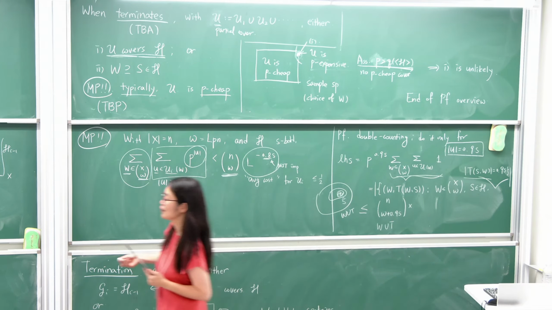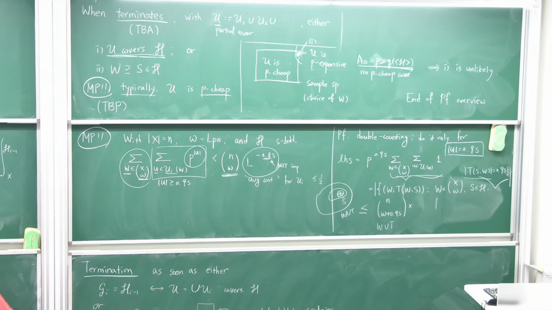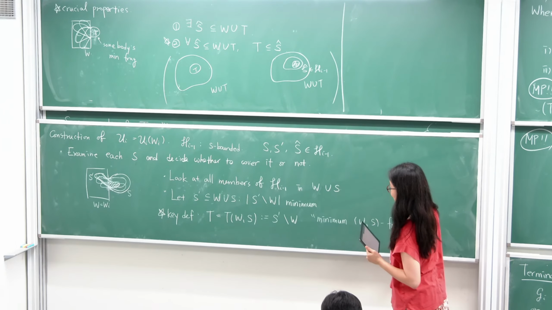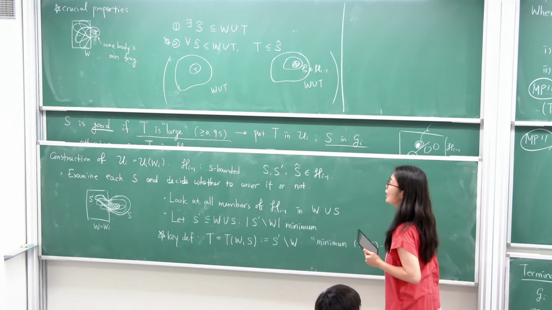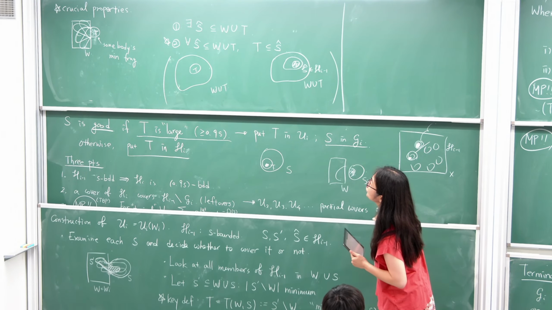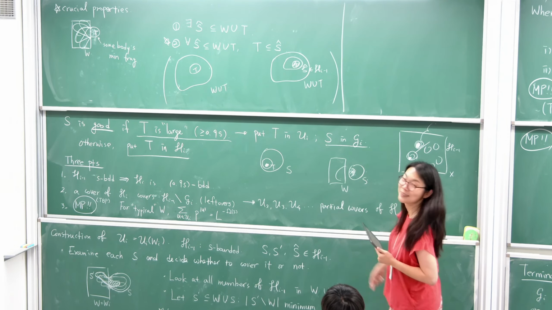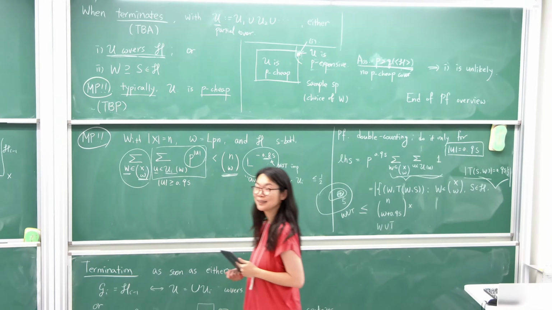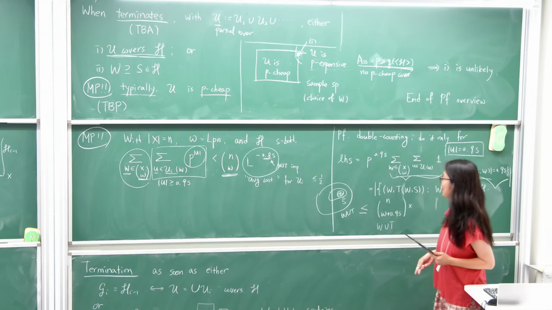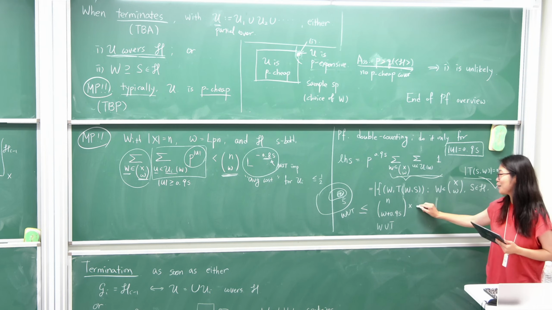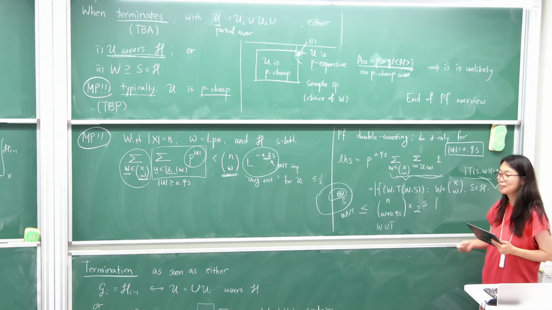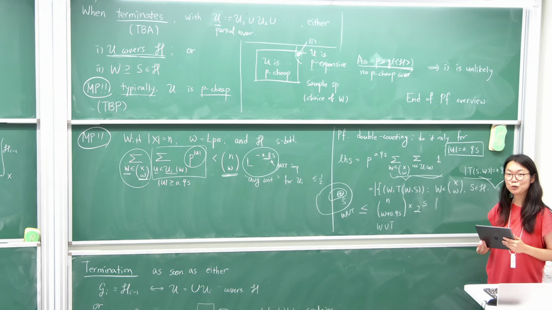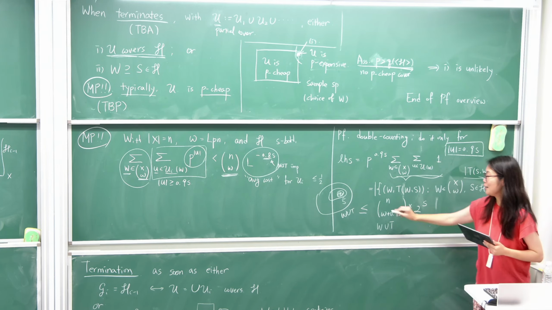Where is it? Key definition, and I think there is something I said was crucial. Oh, crucial property number 2. So the number of choices for T is at most 2 to the S, because we just choose a subset of S. And then what's this?